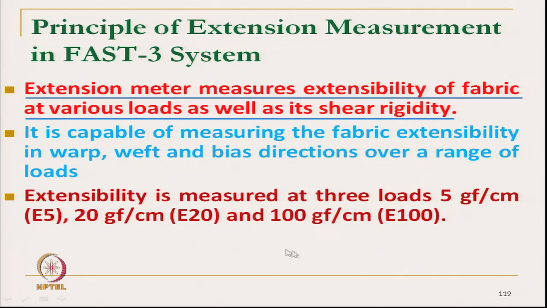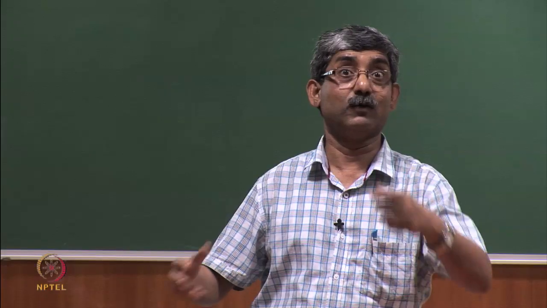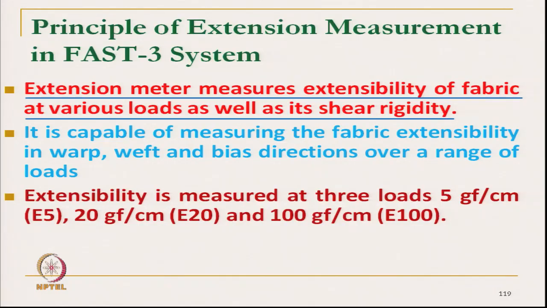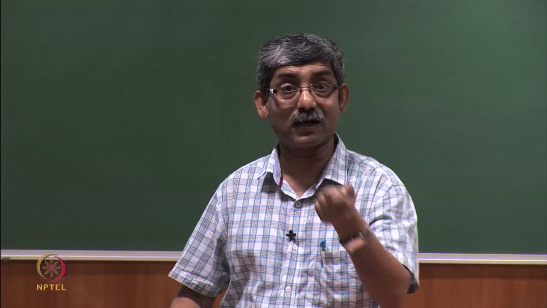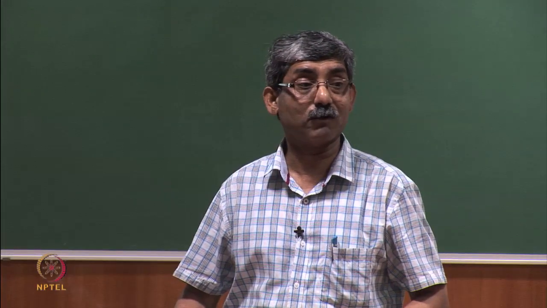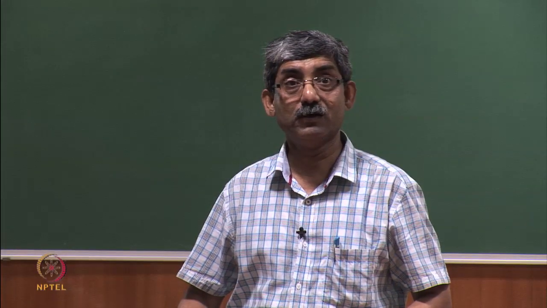So, E100 is the extensibility of the fabric, but the formability of the fabric we can get an idea from E5 and E20. So, extension at a lower level of load gives the idea about the formability, we will discuss.